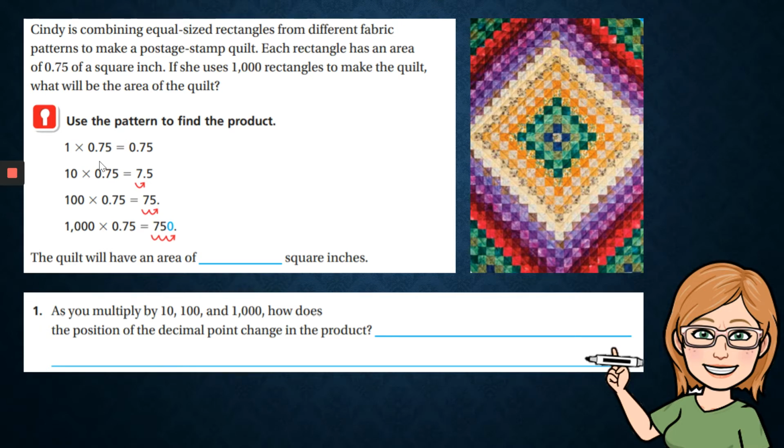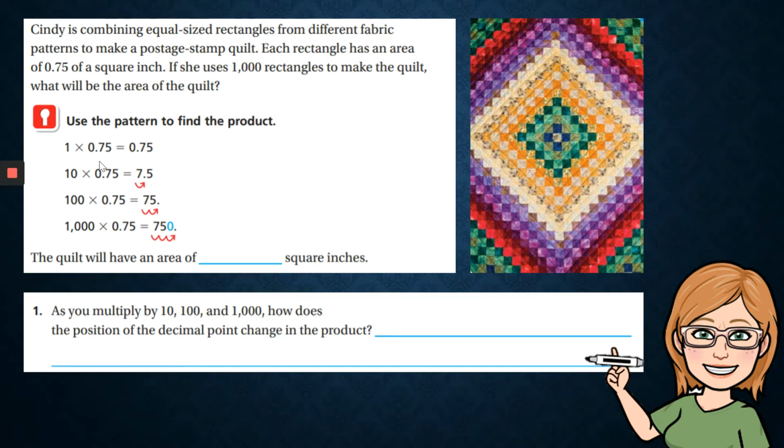1 times 75 hundredths, anything times 1 is itself. As the previous video in a gauge said, the pattern moves over 1 with each larger number: 10, 100, 1,000.